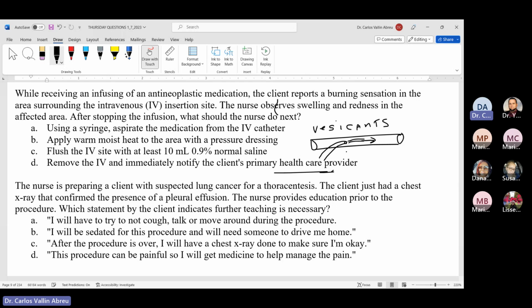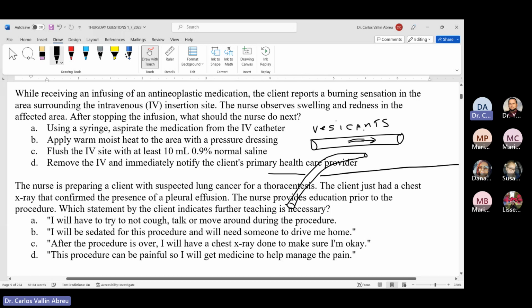But if accidentally the catheter gets dislodged and is outside the vein, the vein is broken and now the catheter is here, in the interstitial space. Suppose this is the skin, and this is the vein.